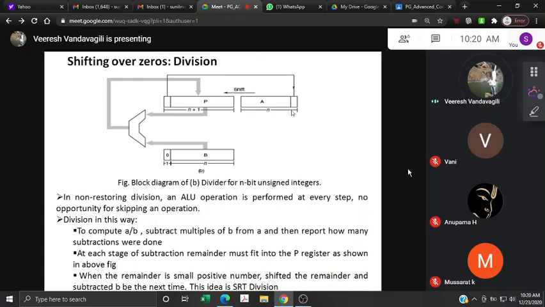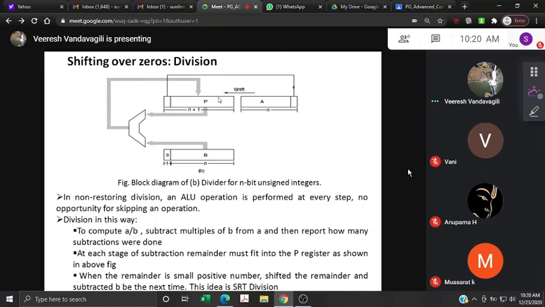If it is negative, then restore the old value of P by adding the content of register B back into P. This is called the restoring operation.